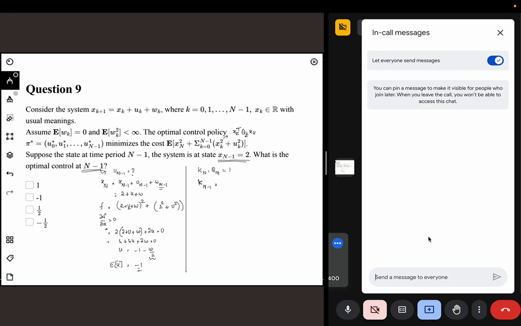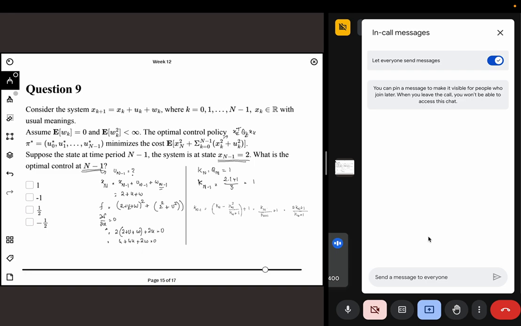I'll just take the direct equation. So I have 2 times kn plus 1 by kn plus 1, which is 1. So I have kn minus 1.